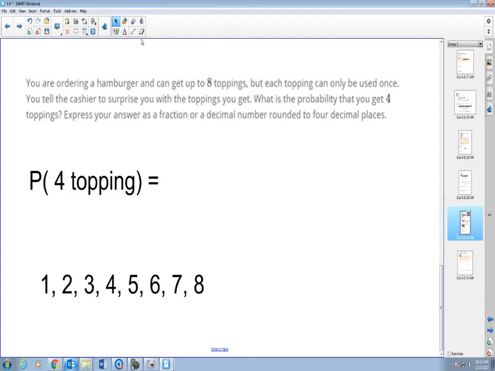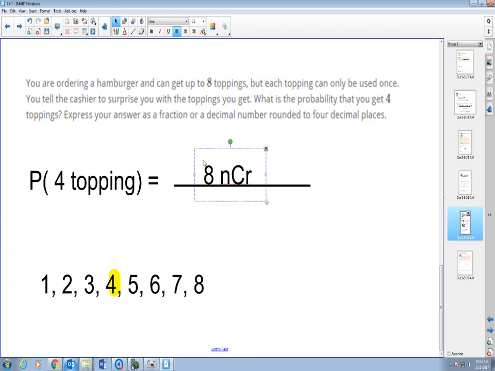The problem wants me to find the probability of getting just 4 toppings, which is right here. So that tells me how many ways I can get 4 toppings: 8 toppings to choose from, and this time we're going to choose 4 toppings.